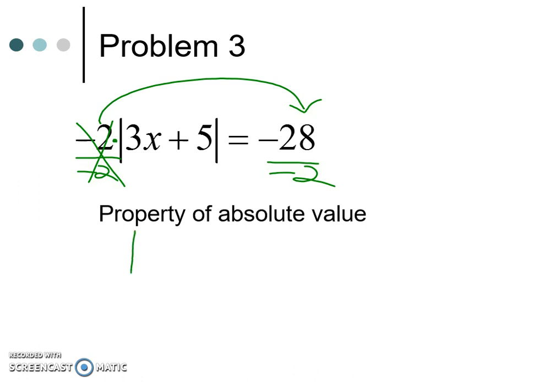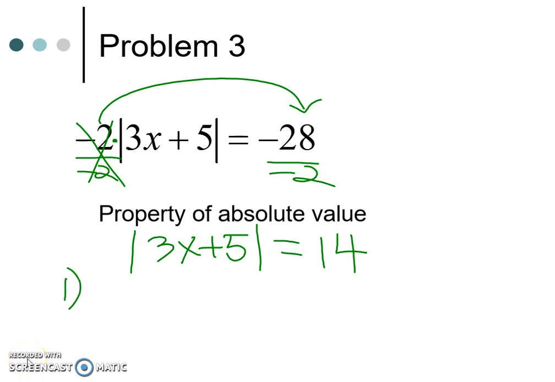So the absolute value of 3x plus 5 equals, we're going to do positive 14, because negative 28 divided by negative 2 is positive 14. And then we're going to solve for x from here. So we're going to have two setups, one with the positive, one with the negative.